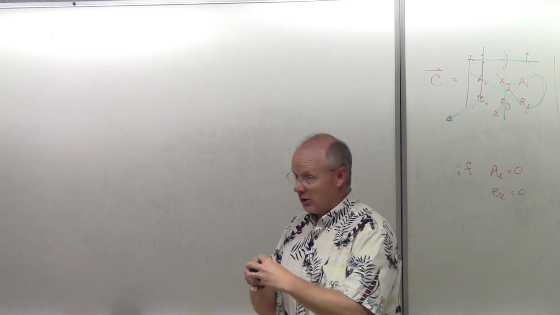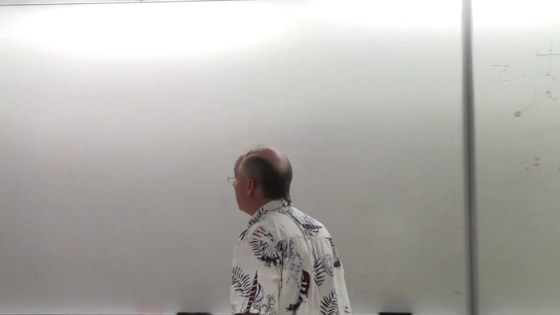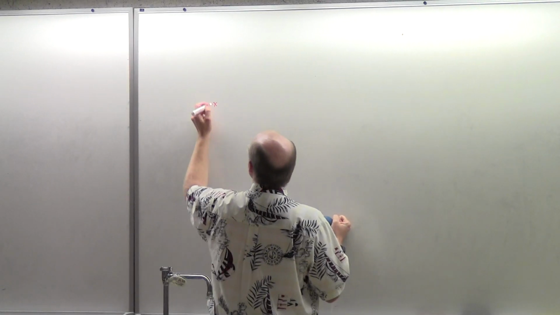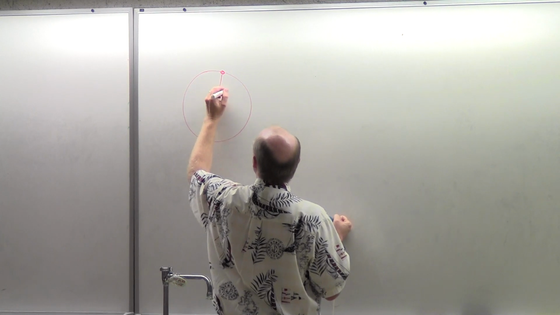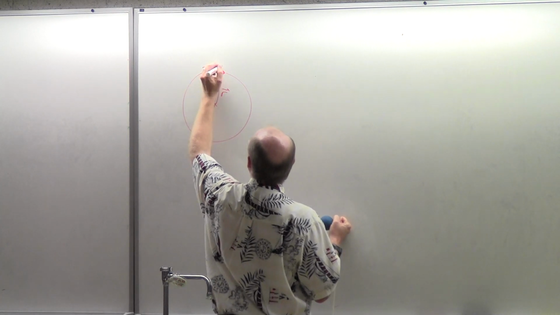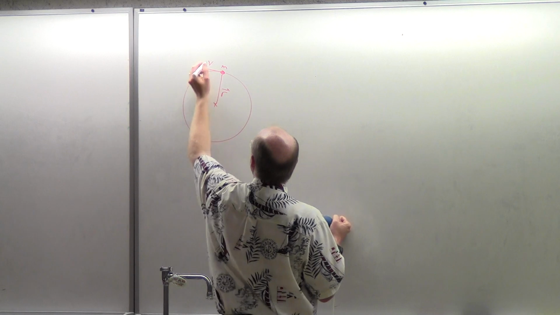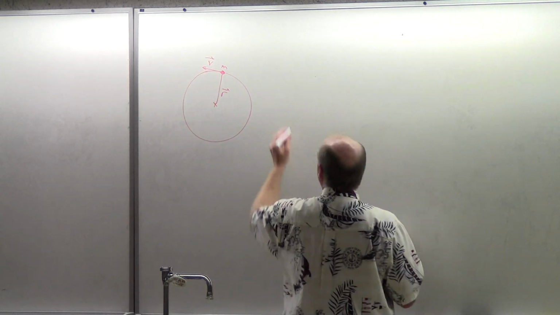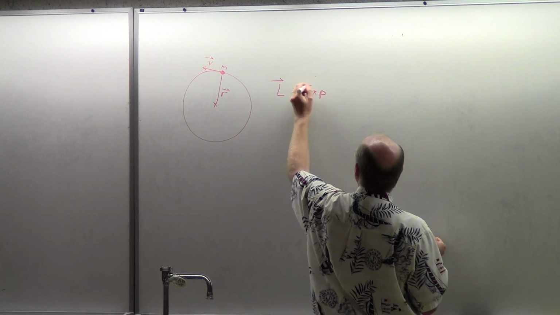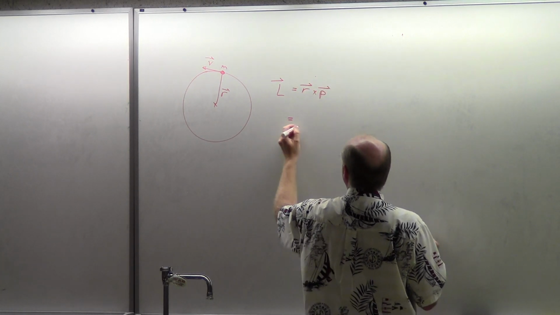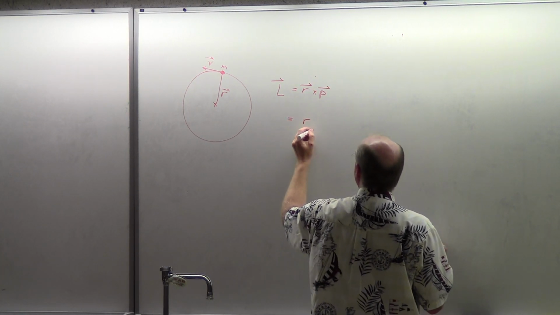Well, it's kind of like a single object, so I do the cross product, right? Maybe I draw a picture first. I say, okay, so here's the center, here's the circle, here's the ball, some radius r out there. It's got some mass, it's moving with some velocity. To get the angular momentum of that ball, I would go r cross p.